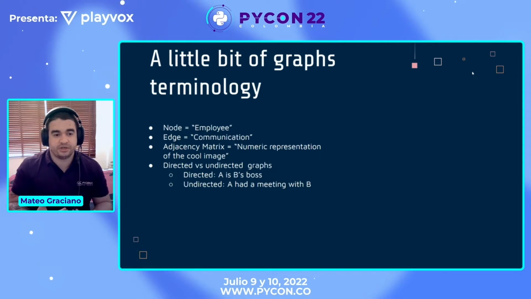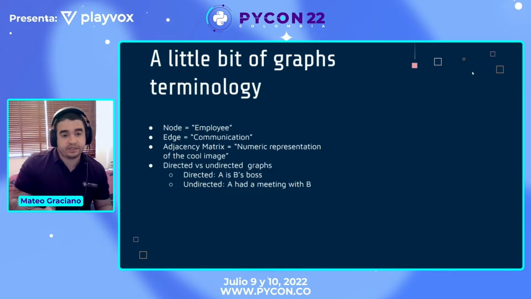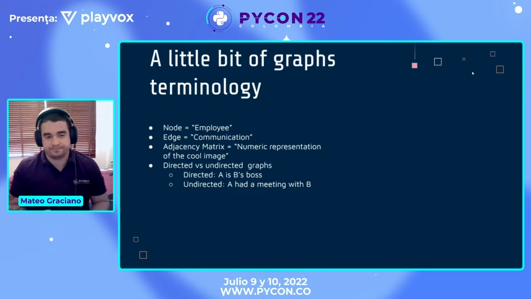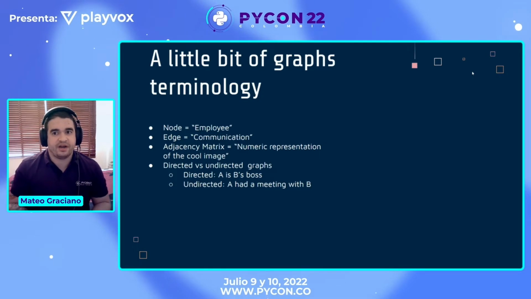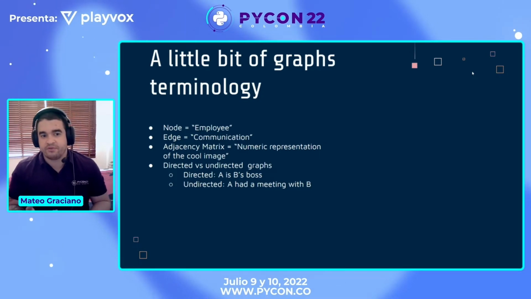There is also an important thing: we will have to define whether what we are doing is a directed or undirected graph. For example, there are relations that are not commutative. Jose is Mateo's boss. This is a relation from Jose to Mateo.